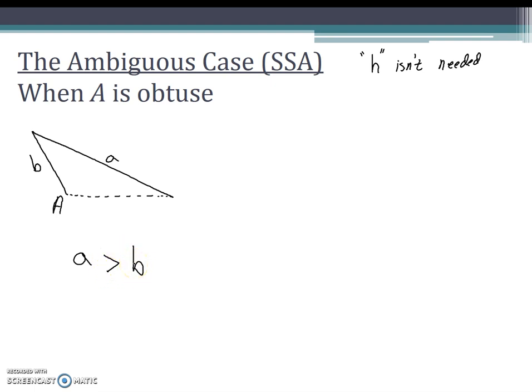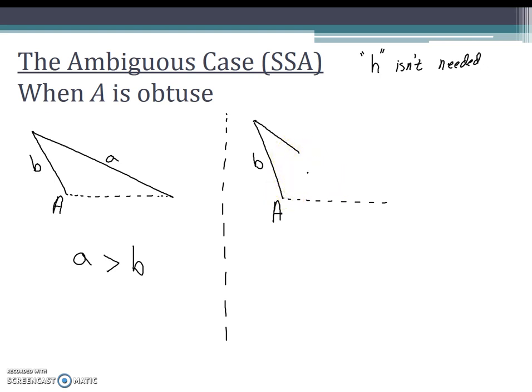If a is not greater than b, if a were equal to or less than b, let's start with that same sketch. If a were less than b, it would just be hanging out over here, right? And wouldn't be big enough to form a triangle.